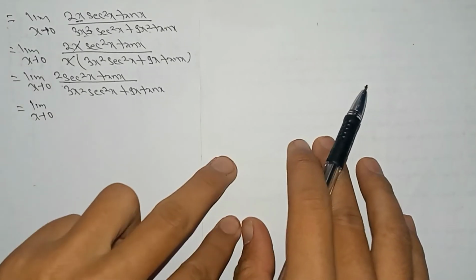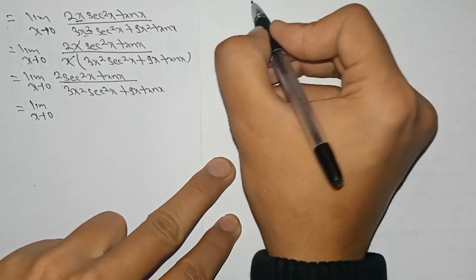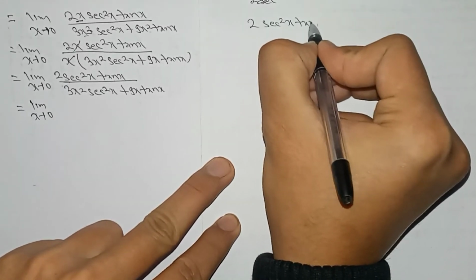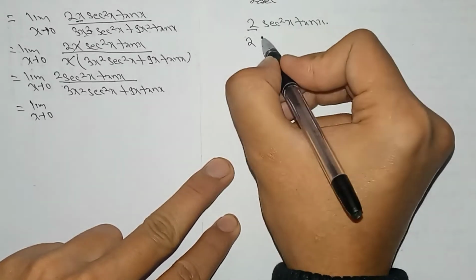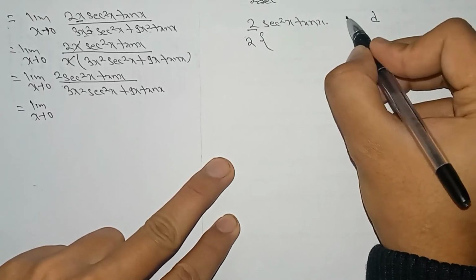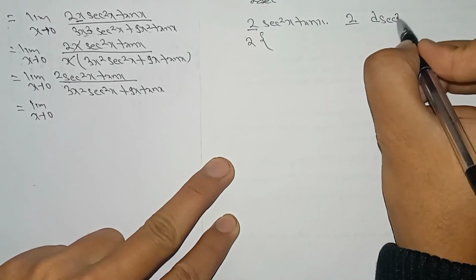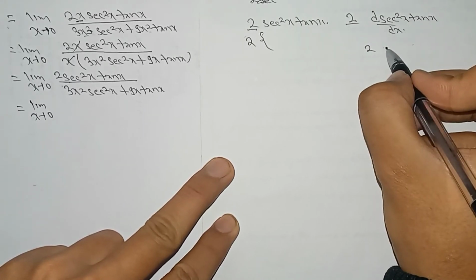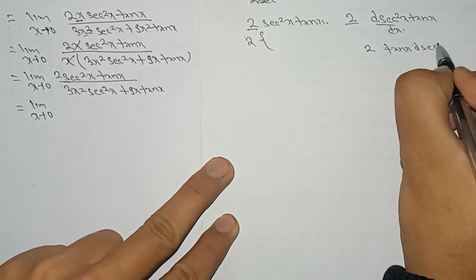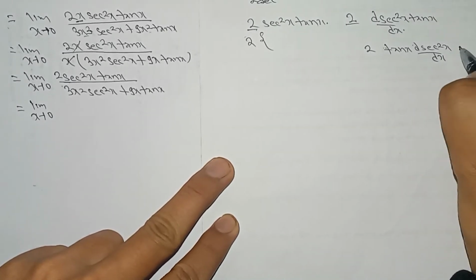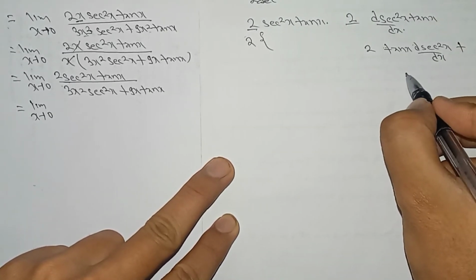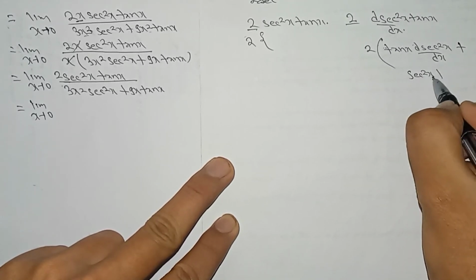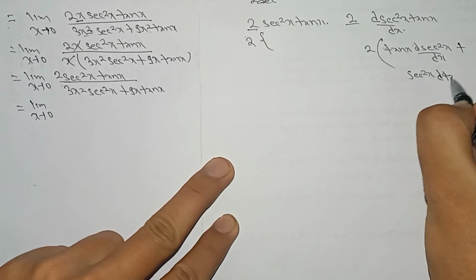So for 2 sec square x tan x, we apply multiplication differentiation. Take 2 as a constant and leave it outside, so we differentiate sec square x tan x by dx. So take tan x times d sec square x by dx, plus sec square x times d tan x by dx.